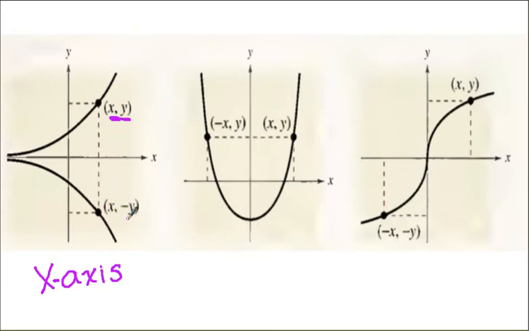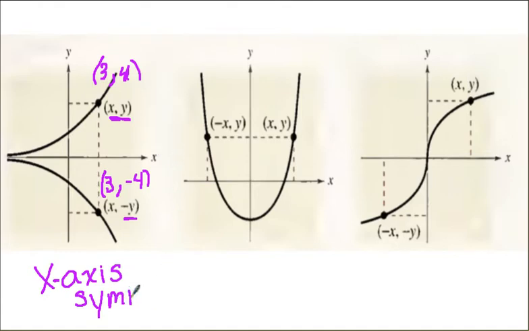I must always be able to get out a negative coordinate of the y value. So if I have x is 3 possibly and y is 4, that means down here I must have x is 3 and y must be negative 4. So in order for this to actually have x-axis symmetry, both of these points must be true. They must both be solutions. So this is x-axis symmetry.